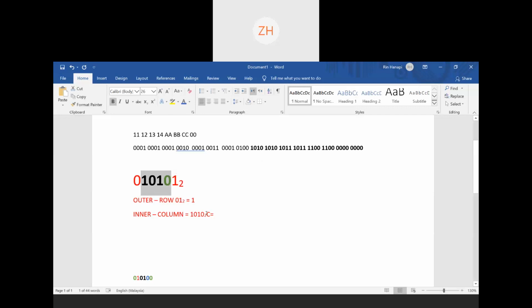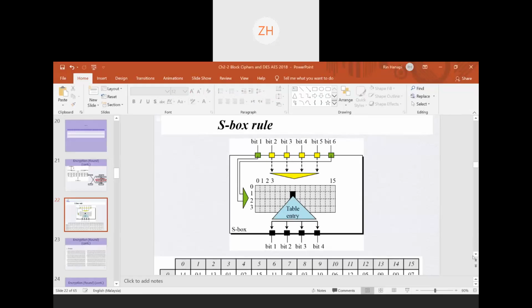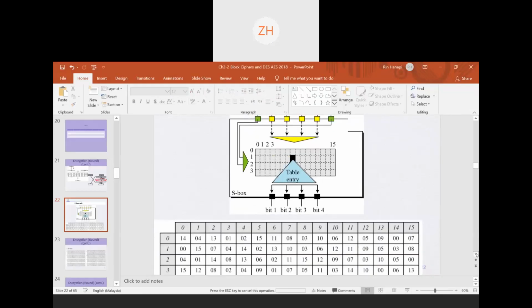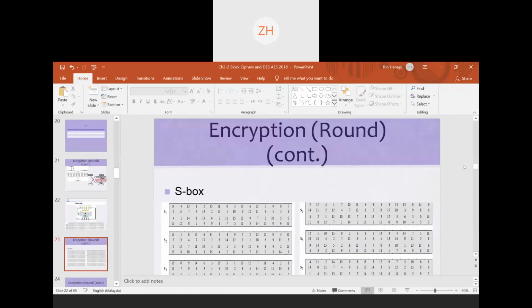So what is 1, 0, 1, 0? 10, or A, right? Okay, so as I said, the outer part reads the row, the inner part reads the column. Okay, we look at this example.